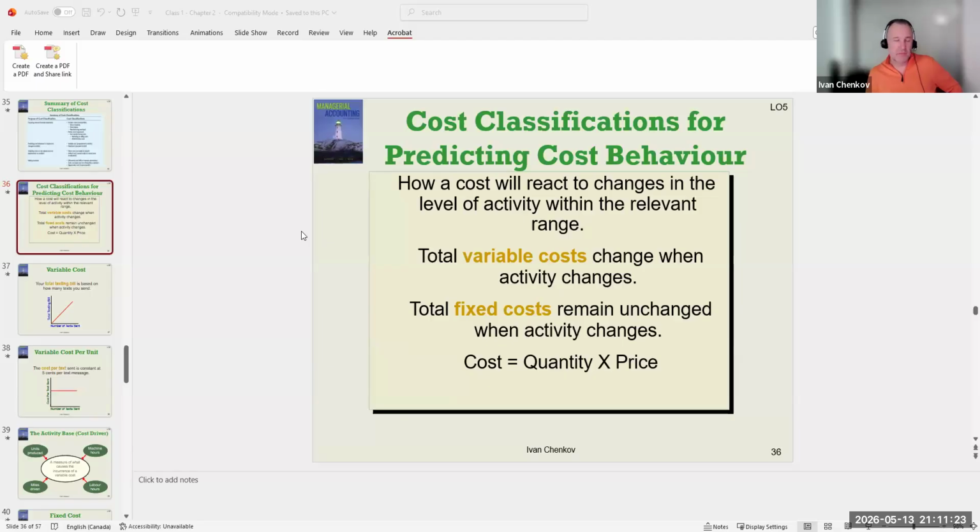McDonald's, what kind of cost will that be? If you're eating in McDonald's, it's variable cost, correct?